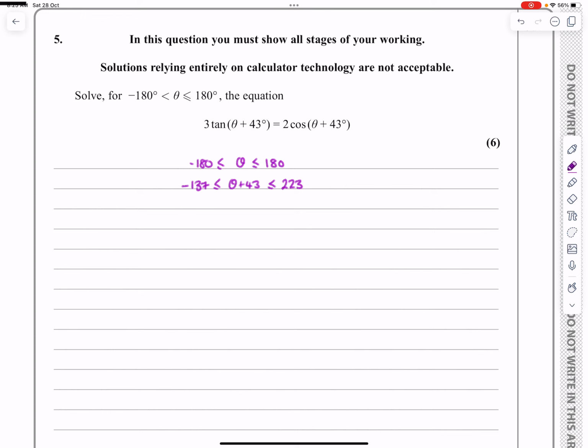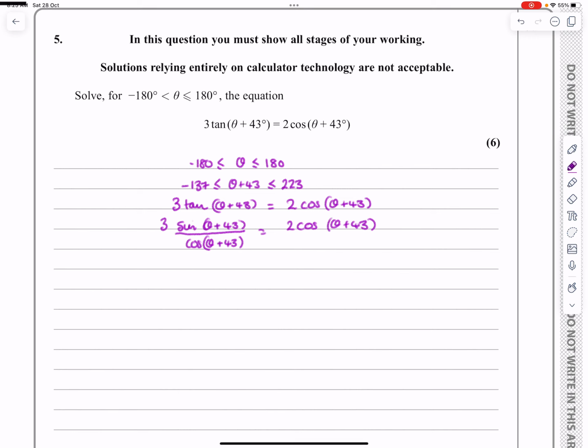As I said, we've got 3 tan(theta + 43) is equal to 2 cos(theta + 43). With this particular one, we need to remember that tan is sine over cos. So I'm going to get 3 sin(theta + 43) over cos(theta + 43) is equal to 2 cos.